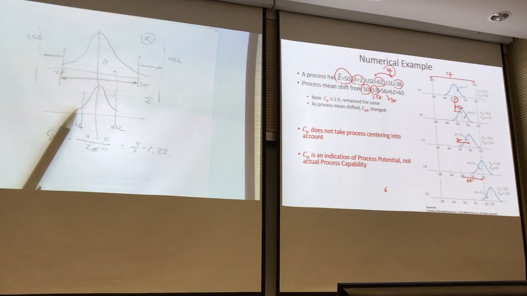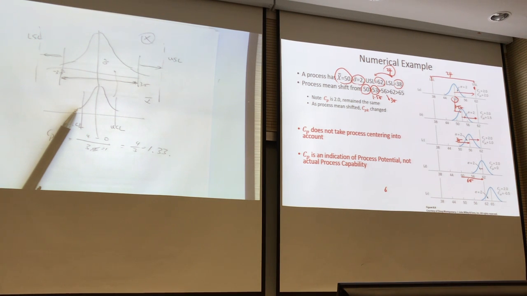So you can calculate this based on our formula. If you move towards the upper side, the CPK is defined by the CPU, because the CPU is getting smaller.